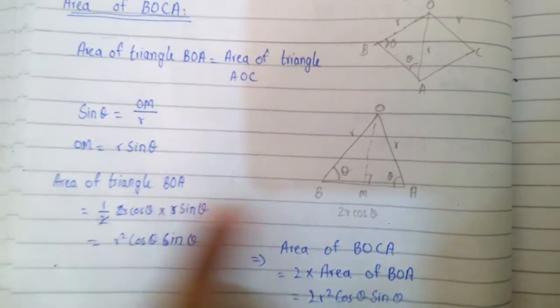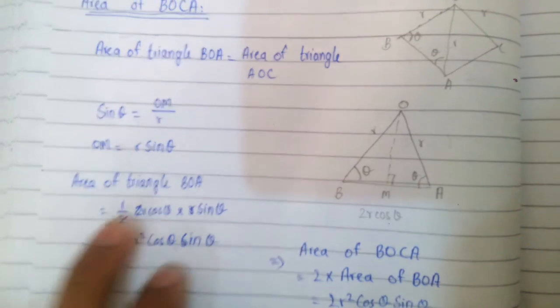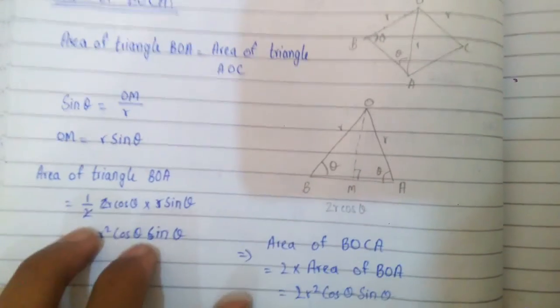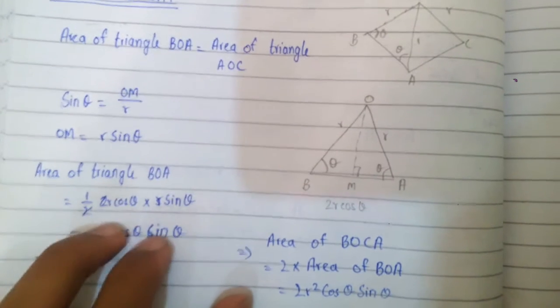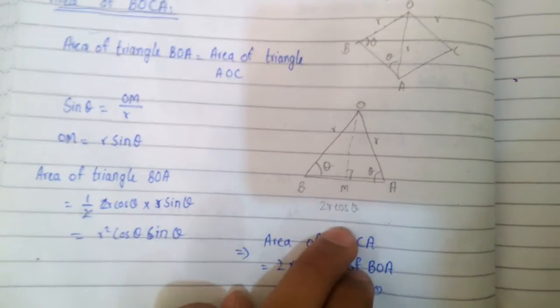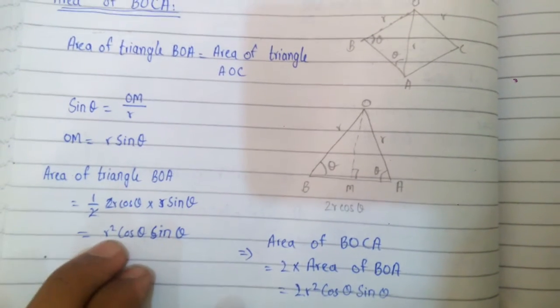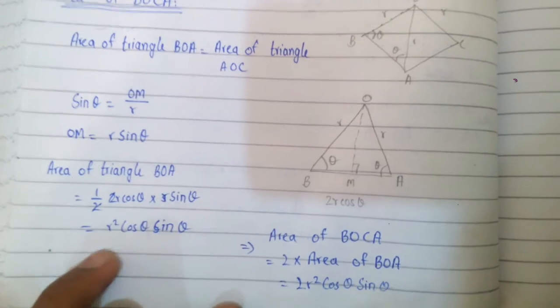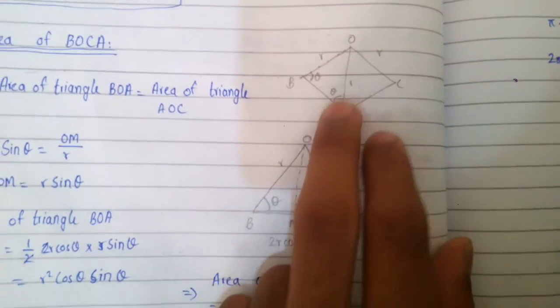Next, the area of triangle BOA is half base into height. The base we know is R cos theta, which we found before. So half base into height gives us R square cos theta sine theta. Now we have found the area of BOA.